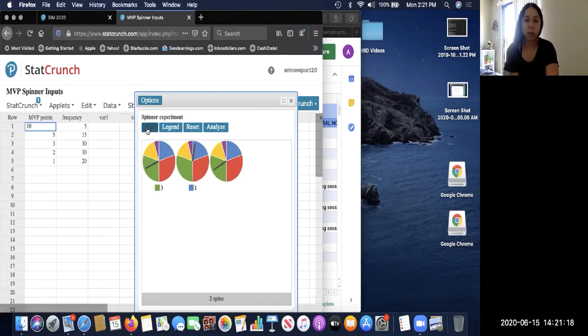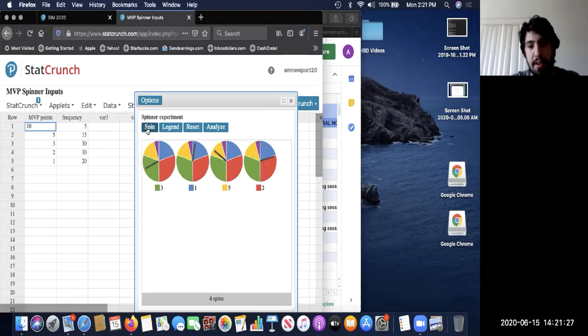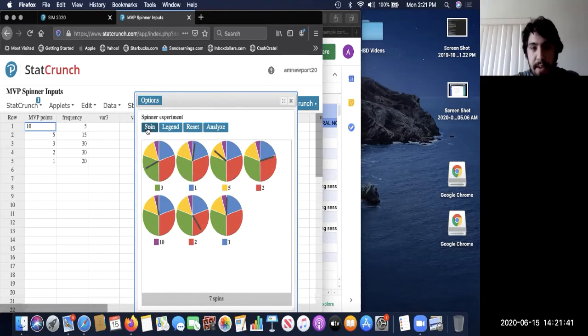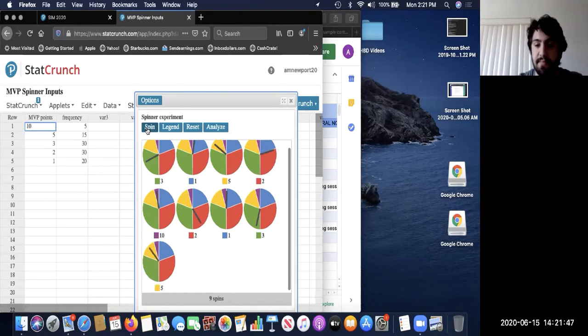So this is Abby's 5 and 2. And Elizabeth McGaw got 3, 10, 2, and 1. And Jade Smith got 2, 3 and 5.